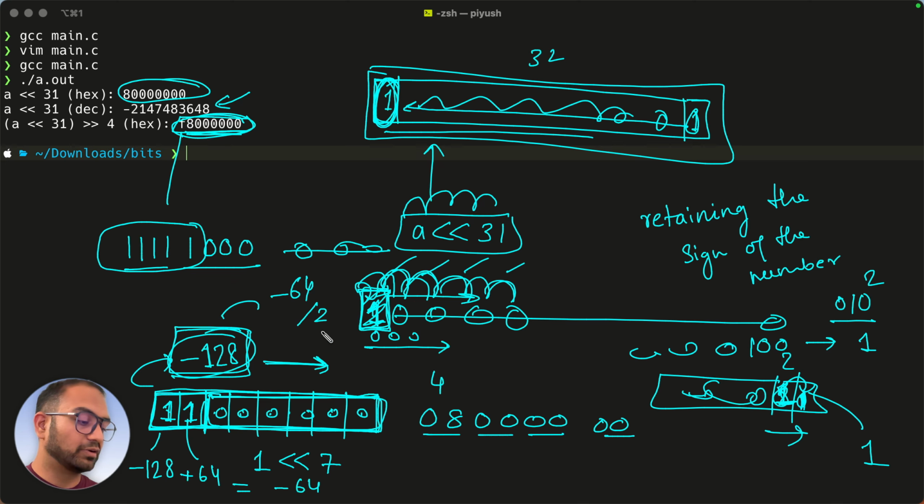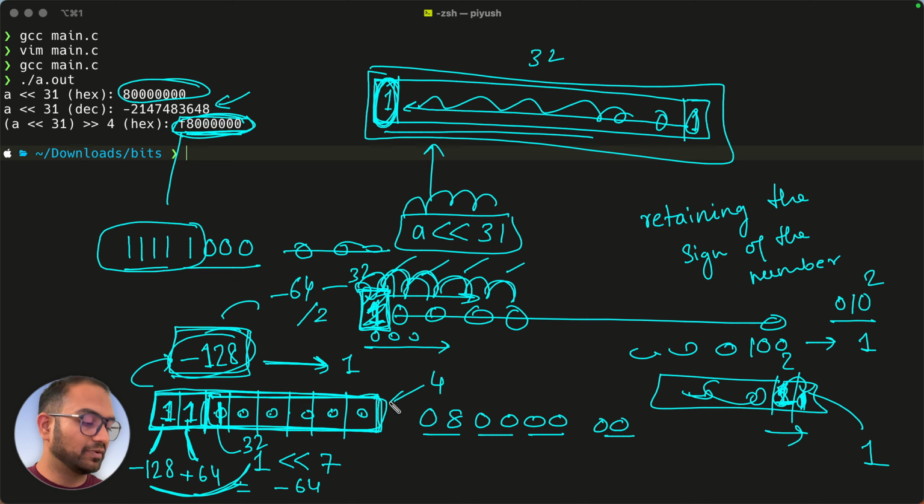Similarly, if I were to shift this again by 1, I should get a negative 32, and that can only happen if I have minus 128 plus 1 plus 64 plus 32. And if you add all of these up, it becomes a minus 32.